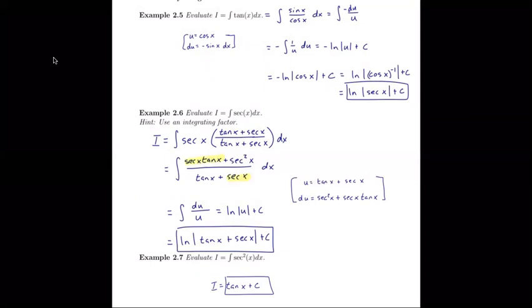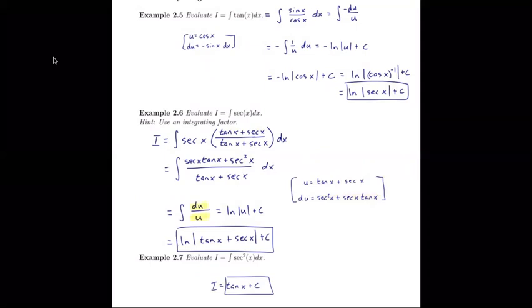So the derivative of tangent x plus secant x, as we've got it written over here as u, is exactly what's in the numerator, secant squared x plus secant x tangent x. So we've got a very nice u substitution set up with this complicated looking integral. If we let the denominator be u, du is in the numerator, and we'll have exactly this expression in our integral.